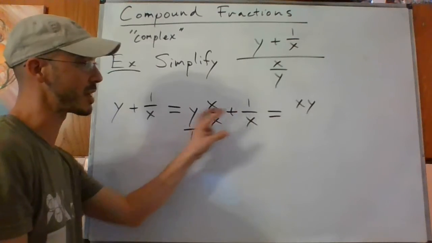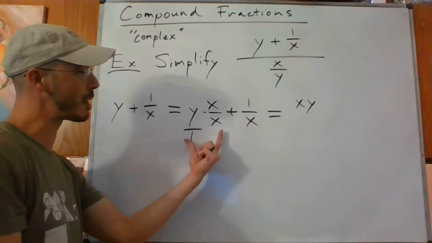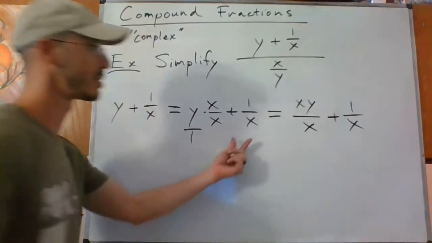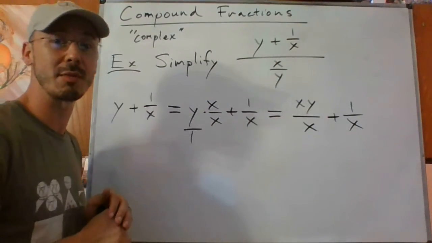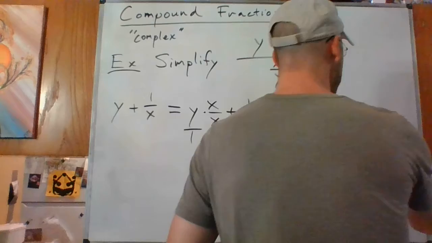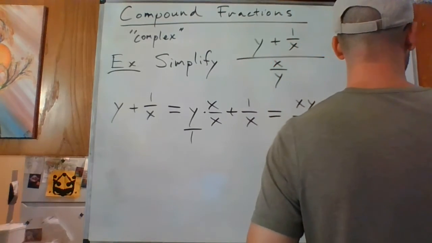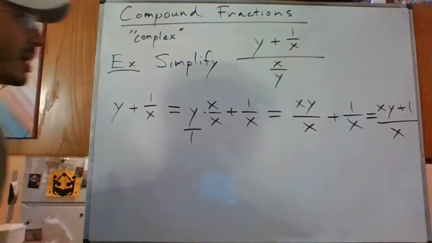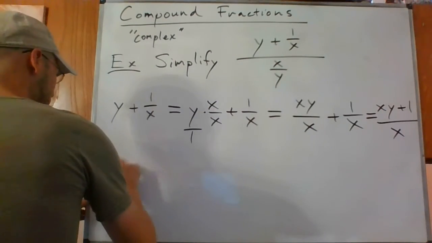Multiply the numerators, x times y. Multiply the denominators, 1 times x is x, plus 1 over x. Now they have the same denominators, and I can write this as xy plus 1 over x, writing it as a single fraction. That's going to facilitate my next step.